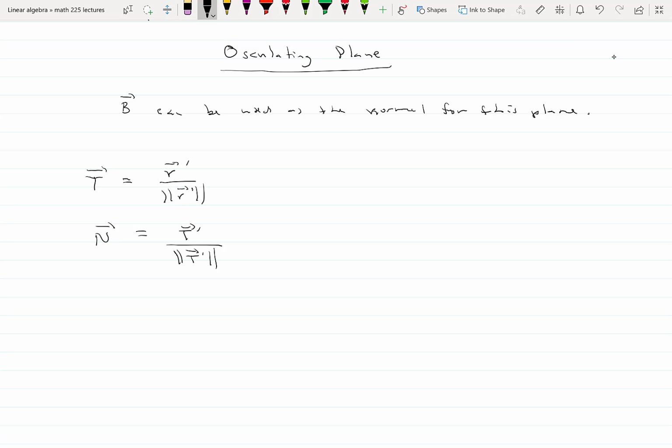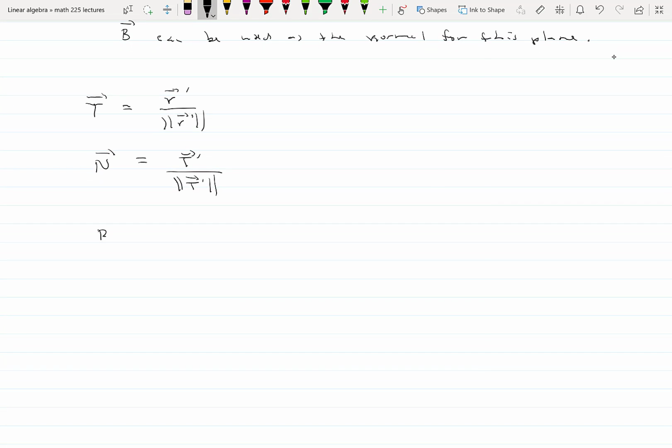That's kind of amazing, that N is equal to T prime over the length of T prime. B is not going to be too difficult to get for us. Here's a curve.